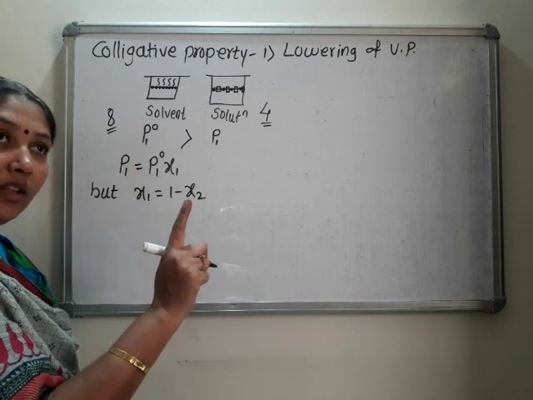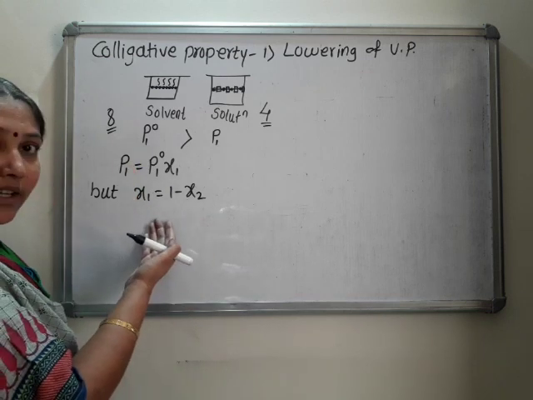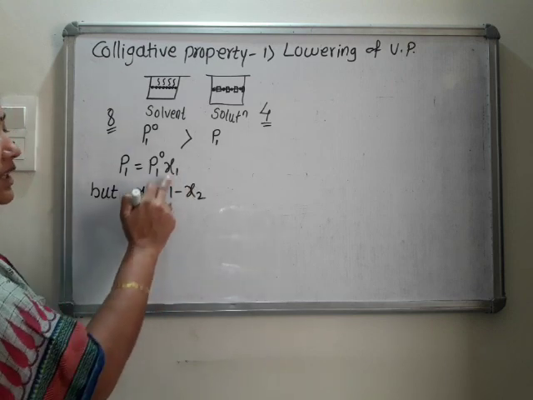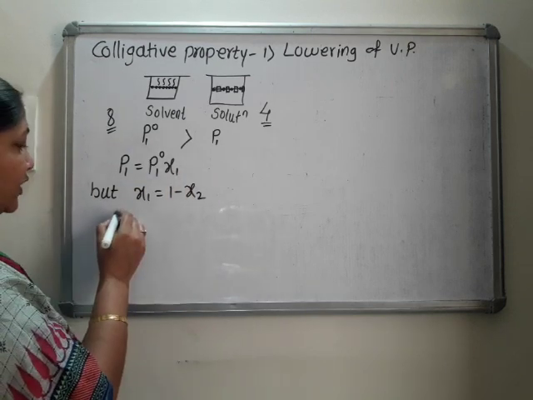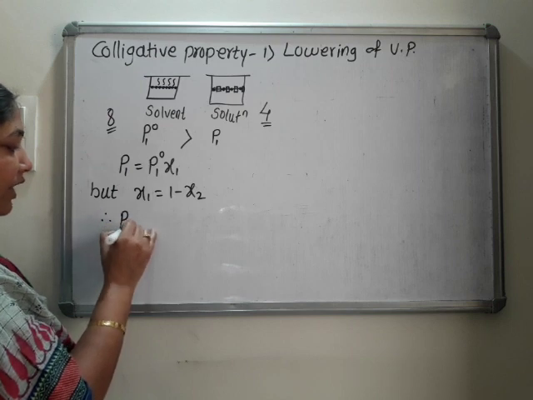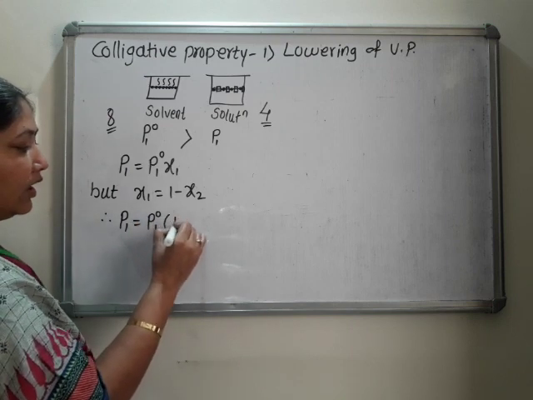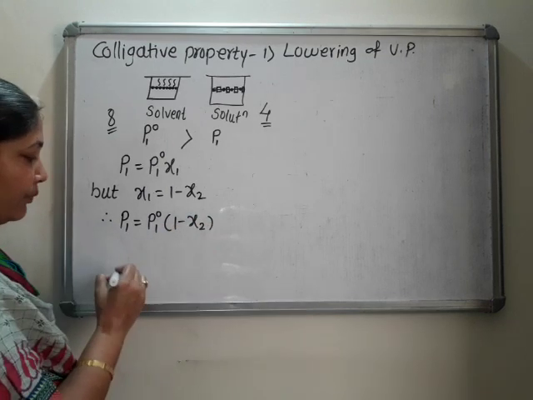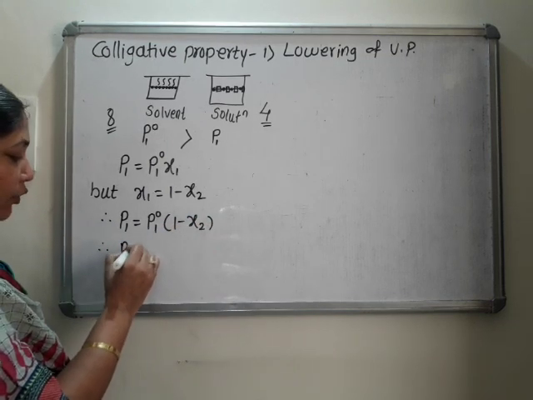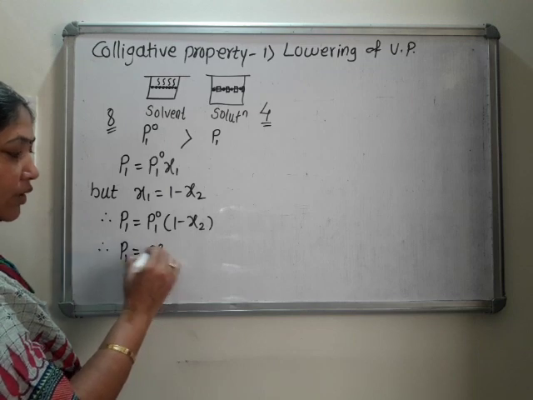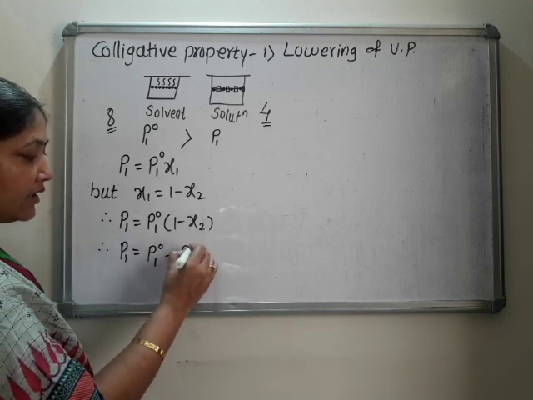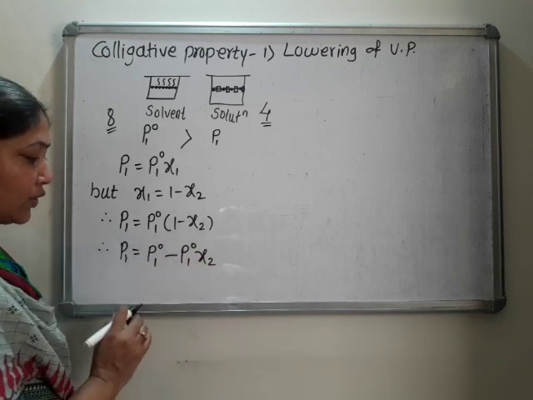We studied this in 11, and in yesterday's lecture I told you. So replace x1 by 1 minus x2. Therefore, P1 is equal to P01 (1 minus x2). Open the bracket. Therefore, P1 is equal to P01 minus P01 x2.